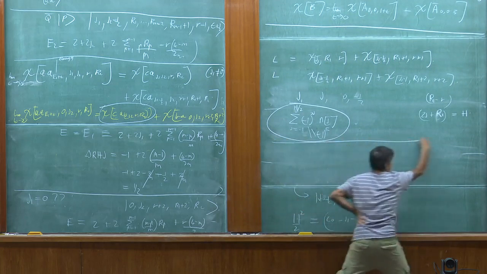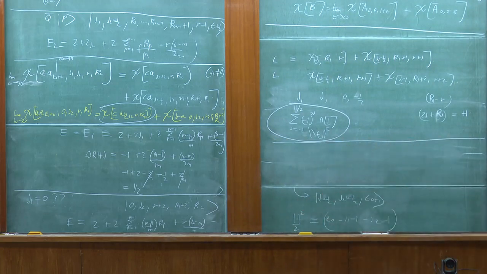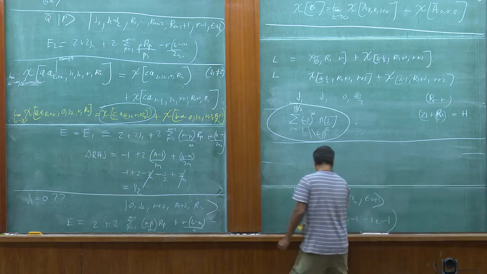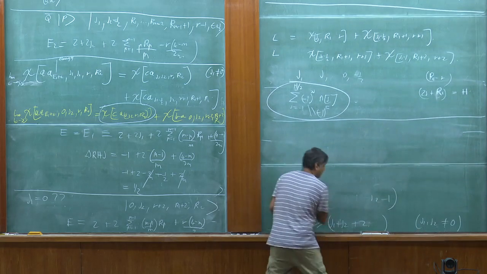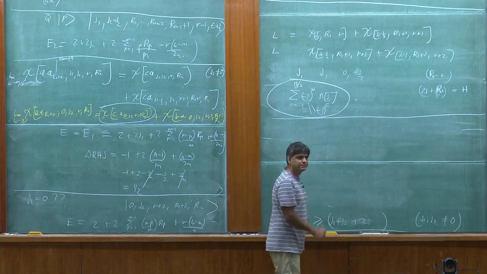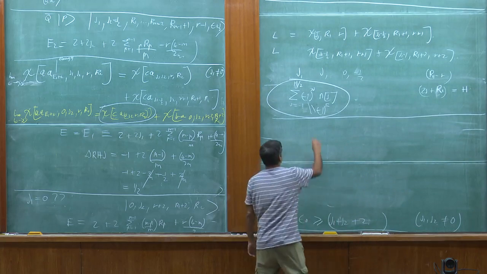All of this smells so much like a Witten index that you could ask, is there some nice trace formula that one can write down that captures the same information? And the answer is yes. I'm going to very quickly tell you about it. The answer is the following.